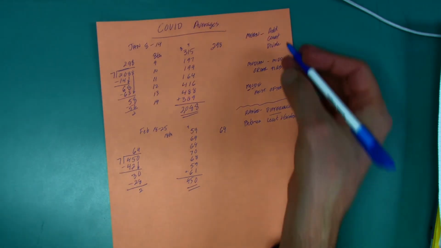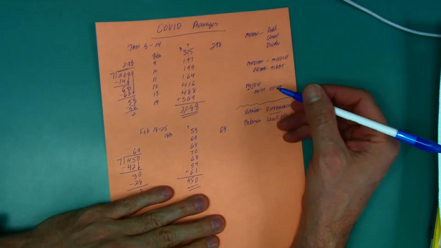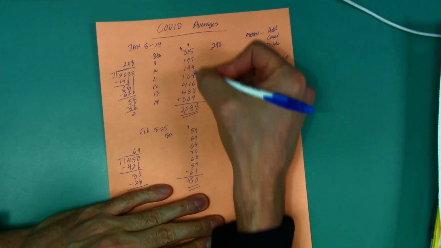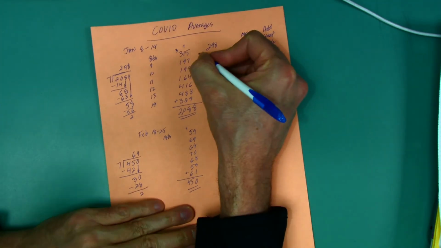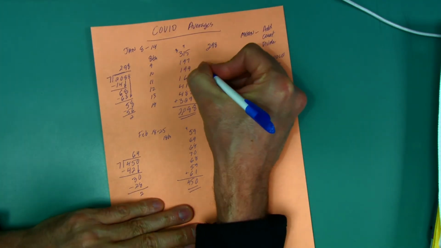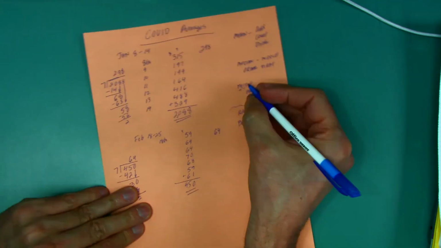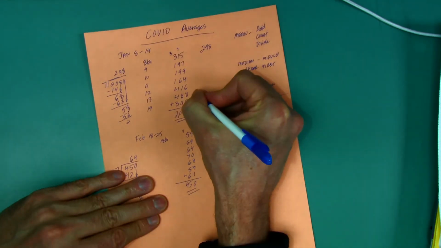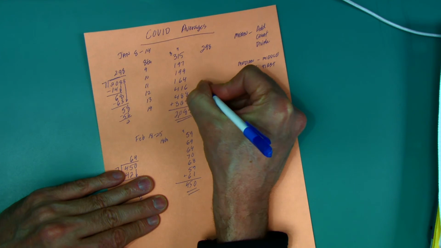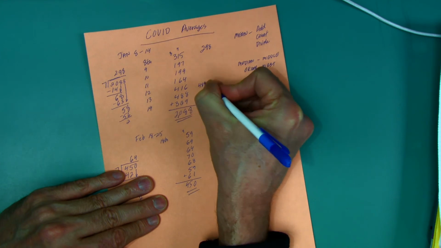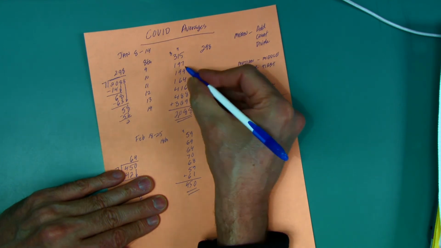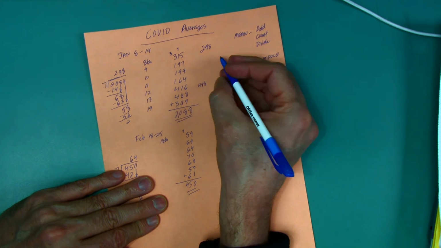Now, to get the median, I have to put them in order first. So what's the biggest number in this bunch? Looks like it's 488, right? So let's put it over here, 488.